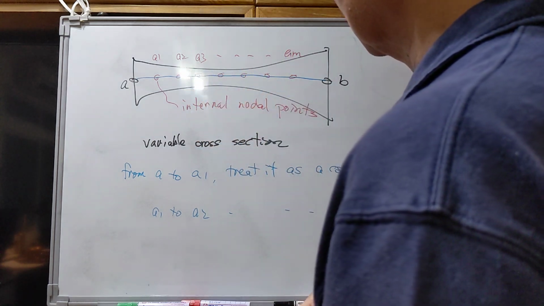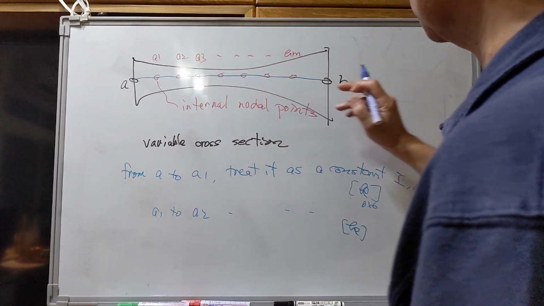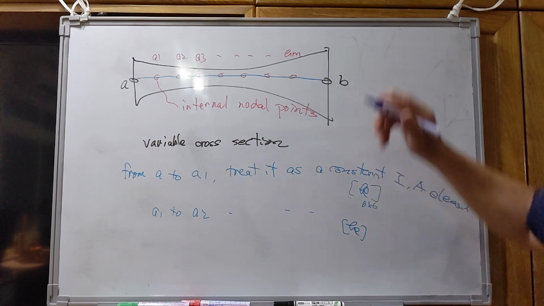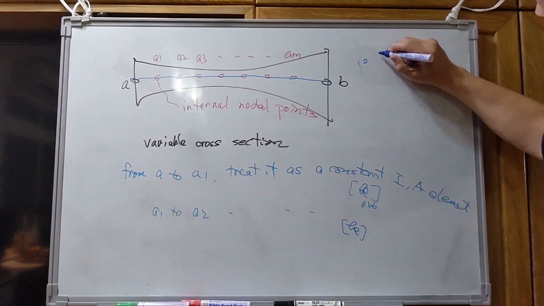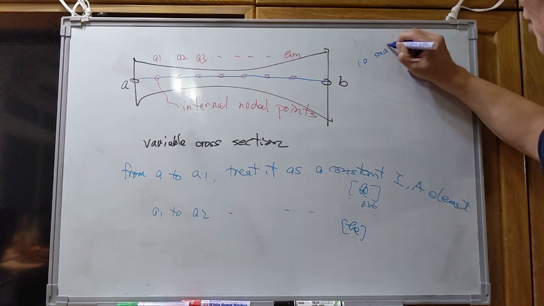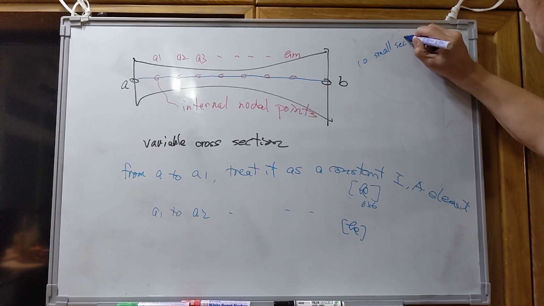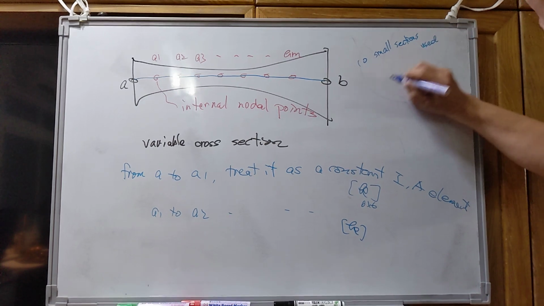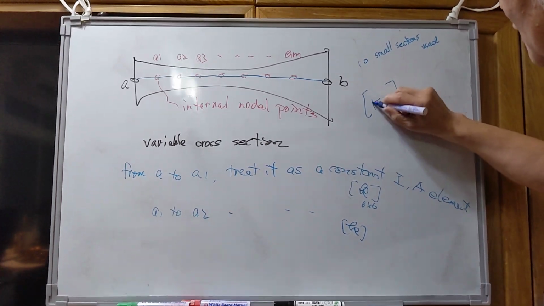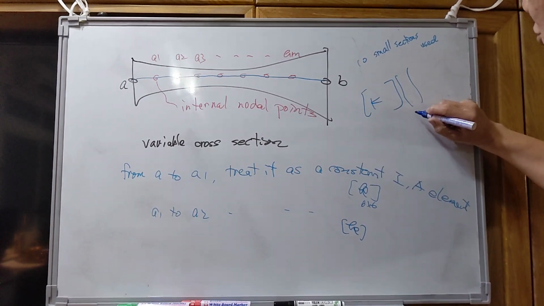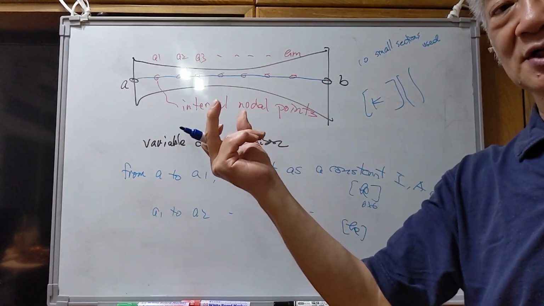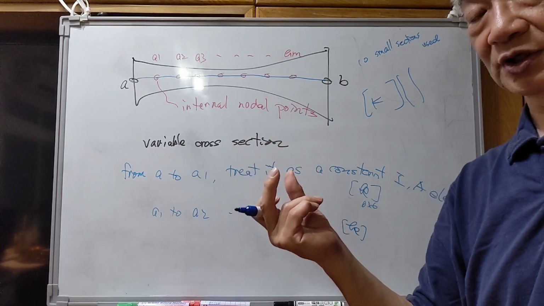For example, if we cut it into 10 small sections, then we need to assemble a K matrix which includes 10 small sections, and we need 11 nodal points.